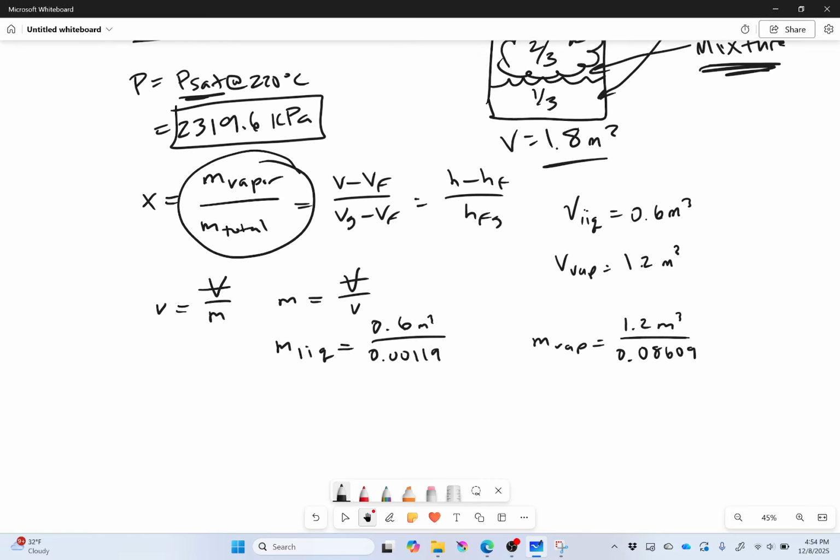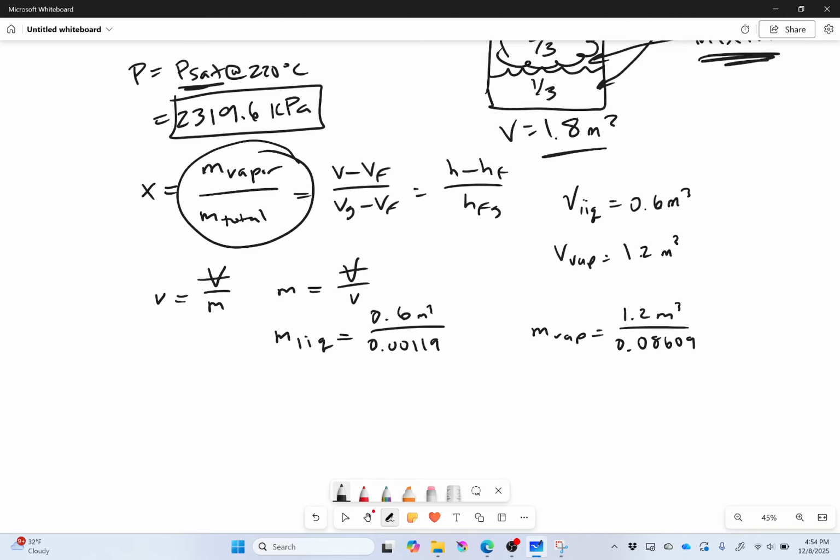That looks good. When I plug it into my calculator, for liquid, it pops out 504.2 kilograms. And for vapor, it pops out 13.94 kilograms.